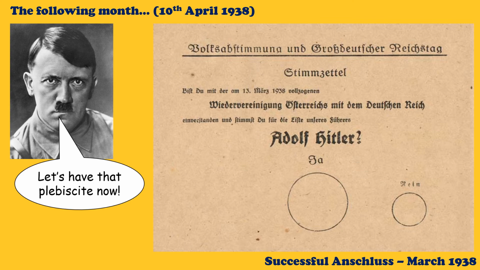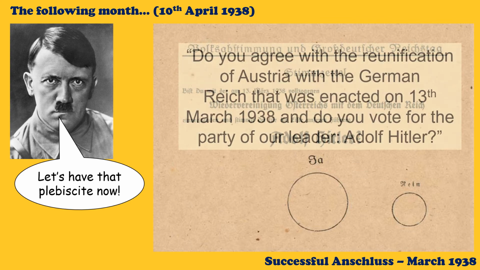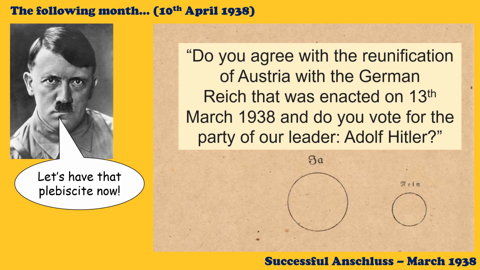Bit of translation for you from the German wording here. It says, "Do you agree with the reunification of Austria with the German Reich, the German Empire, that was enacted on the 13th of March 1938? And do you vote for the party of our leader, Adolf Hitler?"